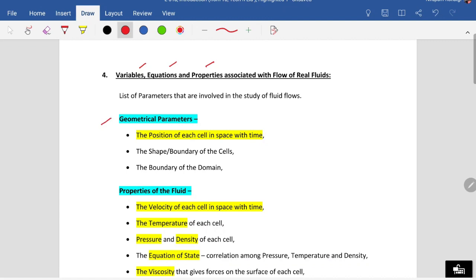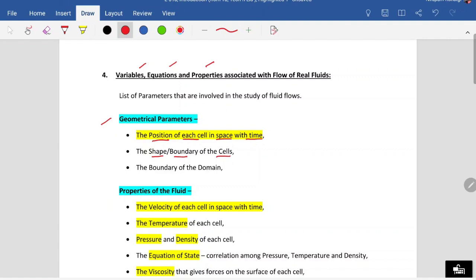When you talk about CFD, you have to talk about the position of each cell in space and time. Remember, we are talking about 1 million cells. We should be able to define position in space as well as in time. Then we have to know the shape and boundary of each cell.